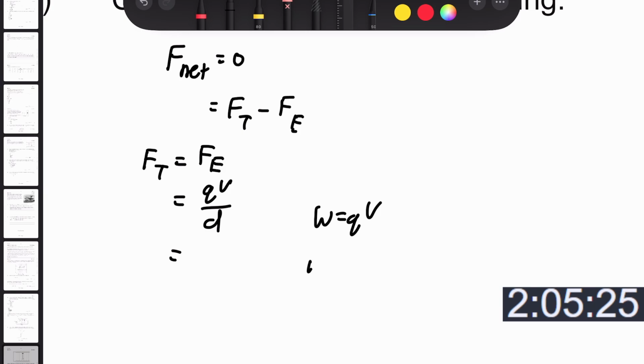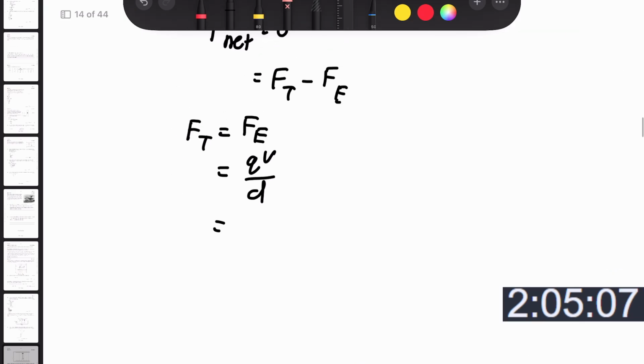We also know that work is equal to force times distance. But if my force is QV over D, and I times that by D, these cancel. Oh, no wonder. Oh, I'm learning. Okay, I see.